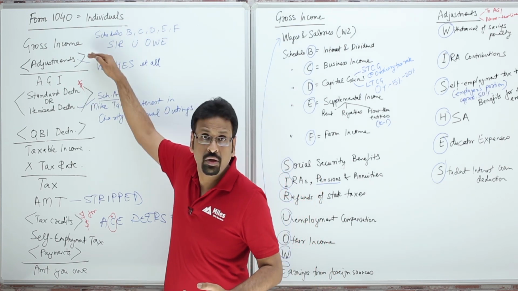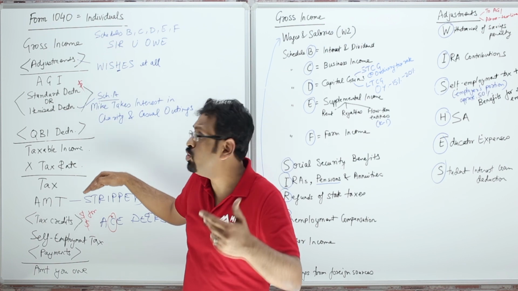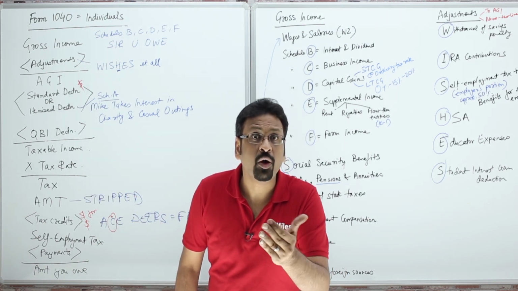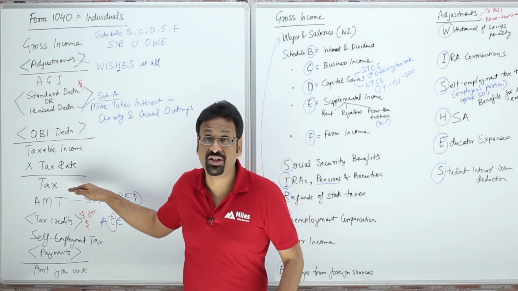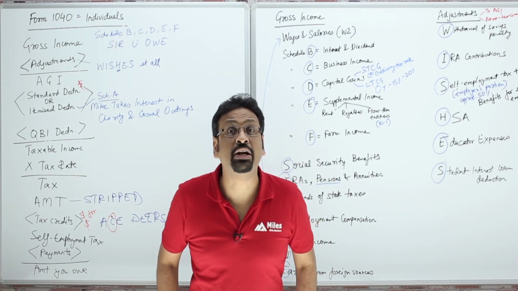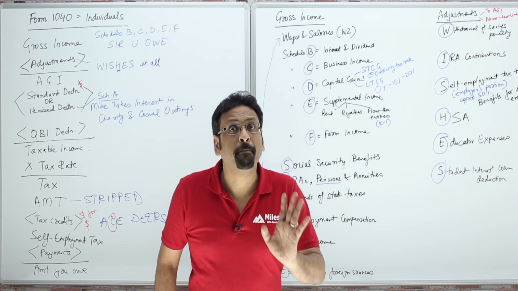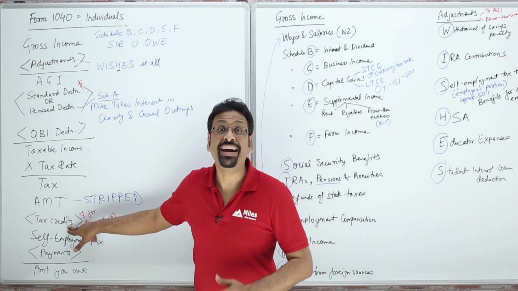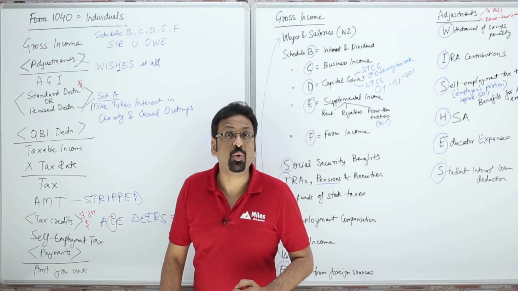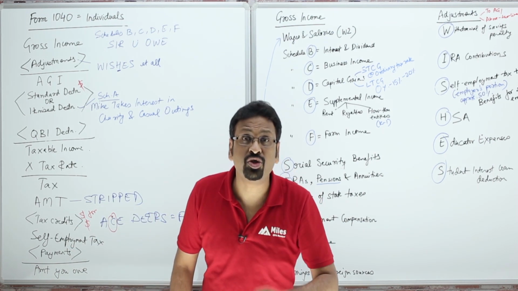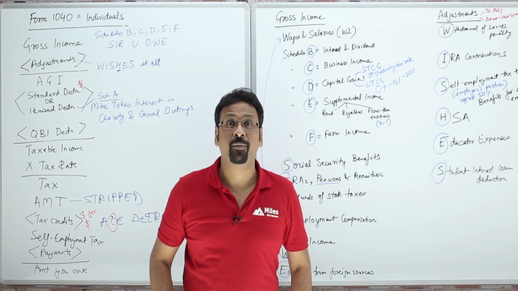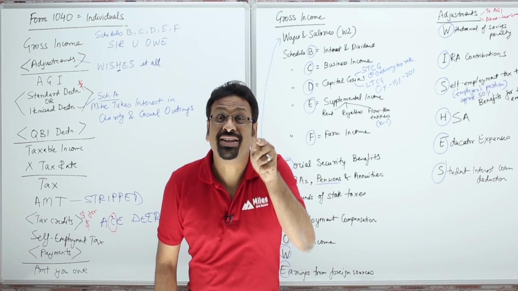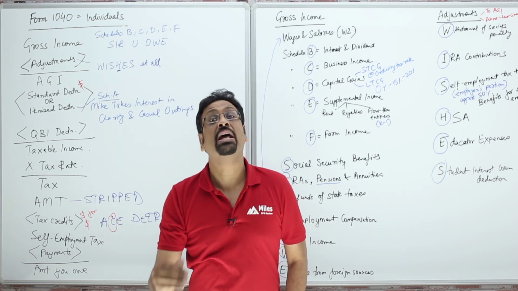A $1,000 deduction would reduce your taxable income by $1,000 and save you $350 in taxes. But a $1,000 tax credit reduces your taxes dollar for dollar, so it would reduce your tax bill by the full $1,000.